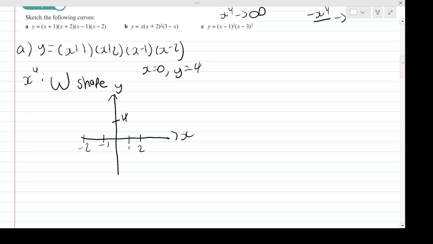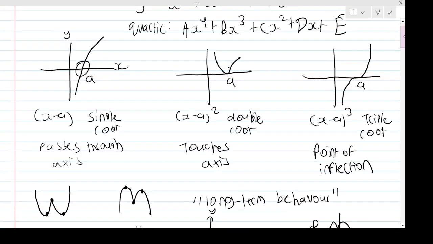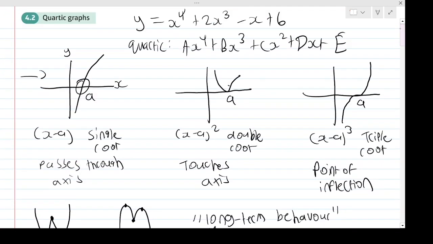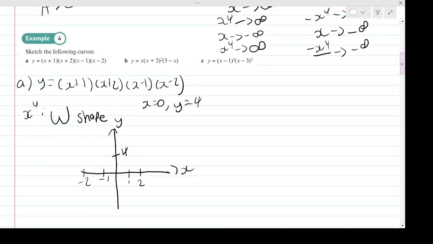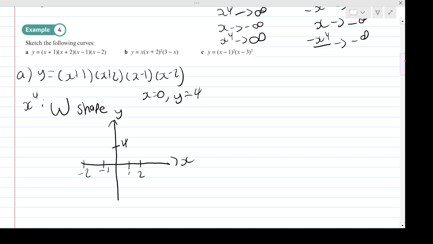And then we need to study what type of roots we have by looking at the power, or how many of each bracket we've got. And then we're going to use these three cases here that we talked about. So let's have a look at our roots. Are any of them repeated? Actually, no, they're all singular. They're brackets that appear only once.